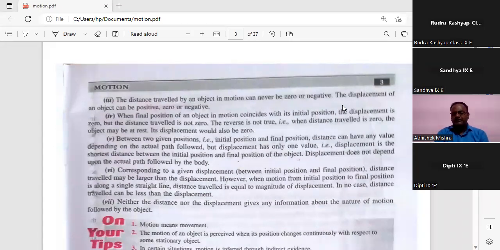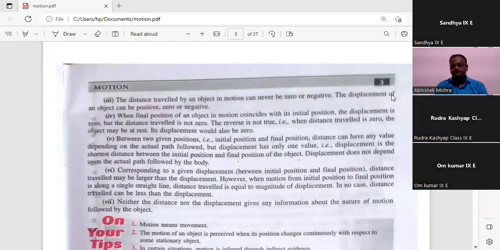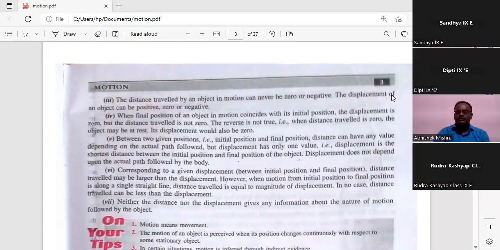Now we will be coming to the next concept, that is displacement. Okay, Sandhya, what is displacement, Sandhya?